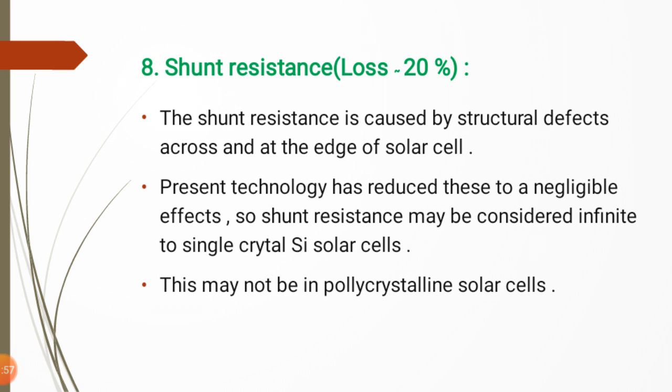So this is not good in the polycrystalline solar cell. Due to the formation of the grain boundary, the efficiency of the polycrystalline solar cell is less as compared to the single crystalline solar cell. So the efficiency of the silicon single crystal solar cell is better than the other solar cells.